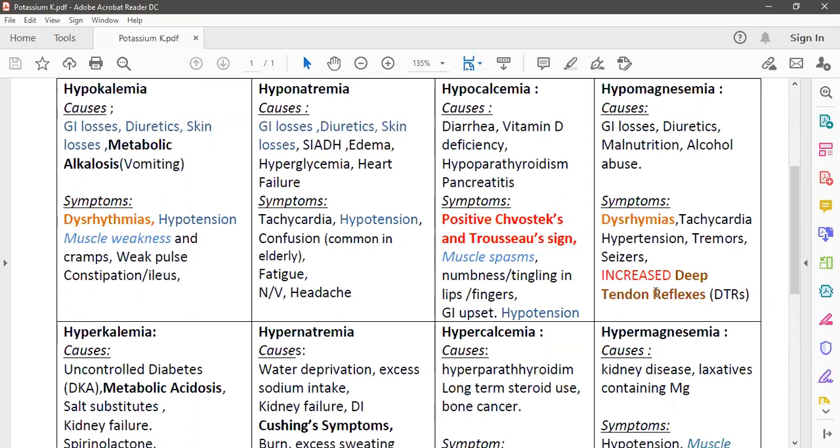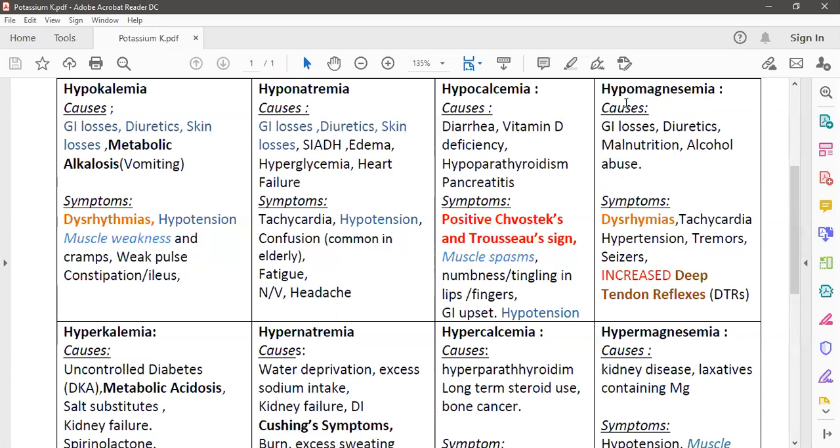Convulsion. Convulsion means involuntary movement of muscle. Cardiac arrhythmias or dysrhythmias. The patient develops tetany or psychosis. Something interesting: the patient who has hypocalcemia has a positive Chvostek sign, positive Trousseau sign, positive tetany.